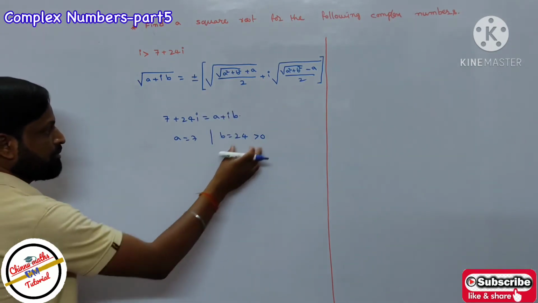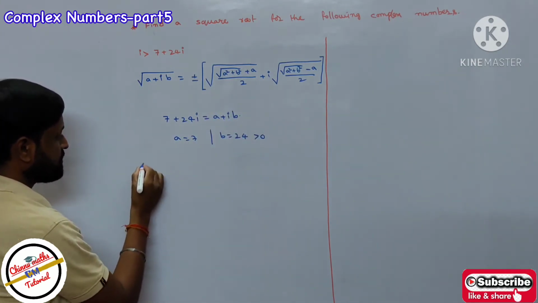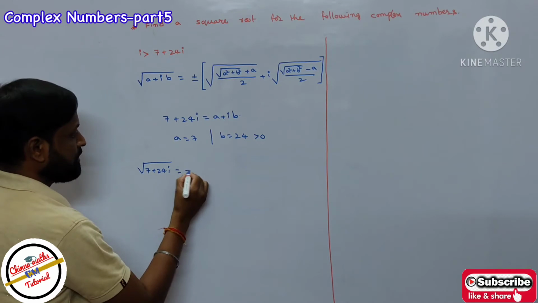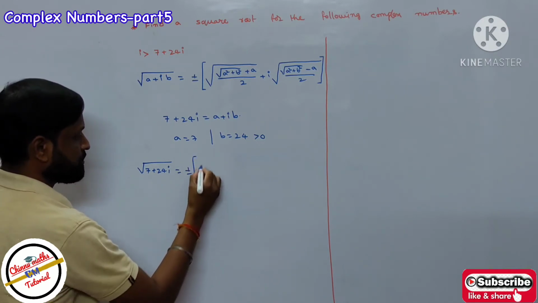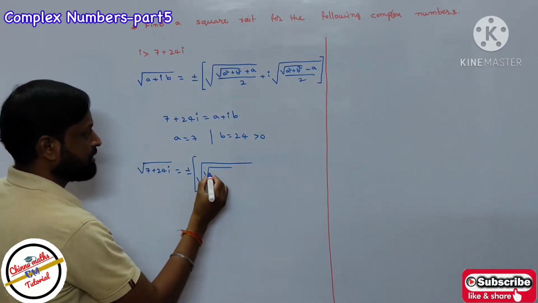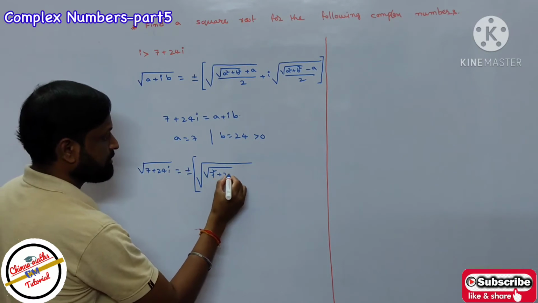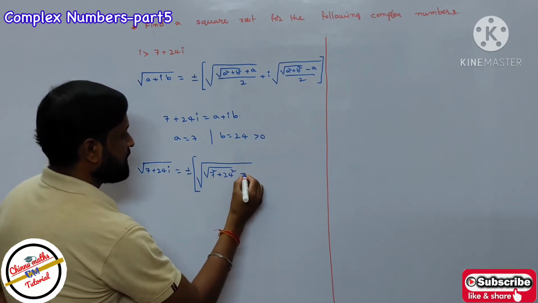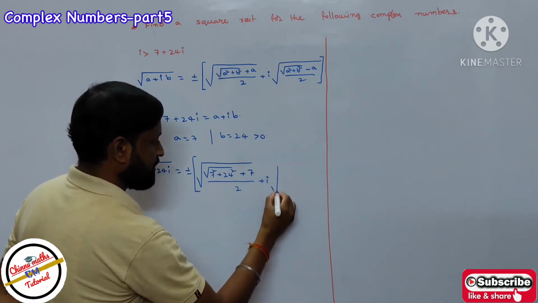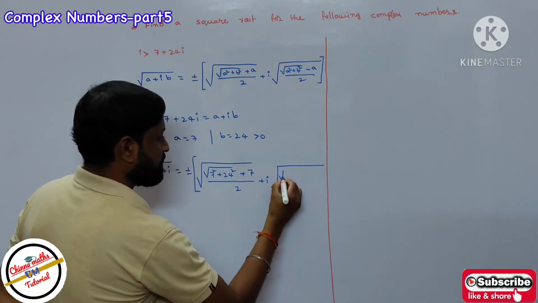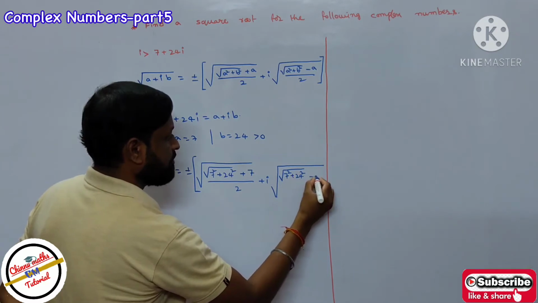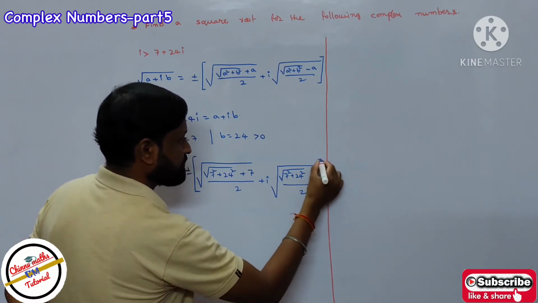So b is greater than 0, so the square root of 7 plus 24i equals plus or minus square root of (square root of a square plus b square, a square means 7 square, plus b square means 24 square, plus 7) by 2, plus i into square root of (square root of 7 square plus 24 square, minus 7) by 2.